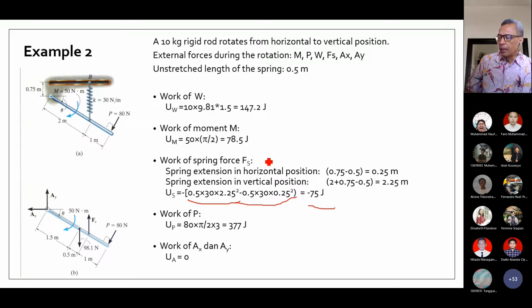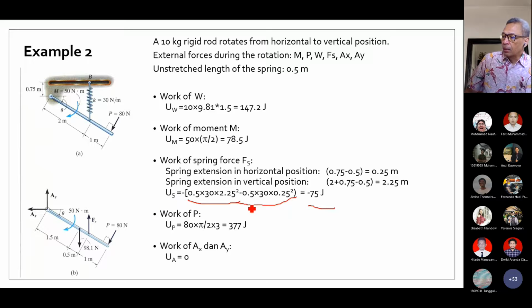Kalau spring, Anda bisa hitung pakai besar gaya oleh spring adalah minus Ks. Anda integralkan ds, karena setiap kali perpindahannya sebesar ds, kita perlu lakukan integrasi untuk s yang finite, mendapatkan minus setengah Ks kuadrat.